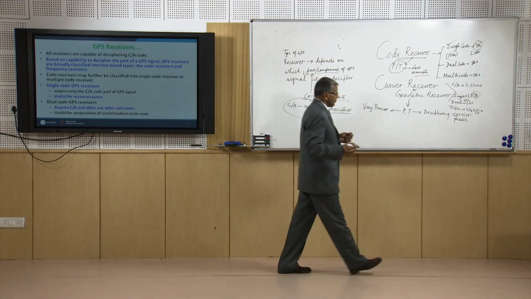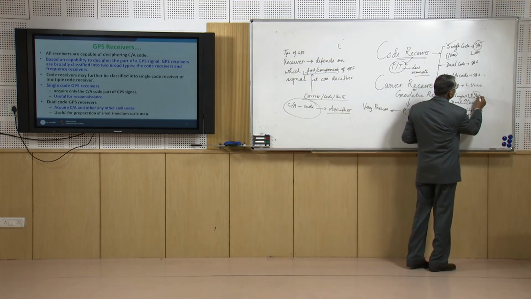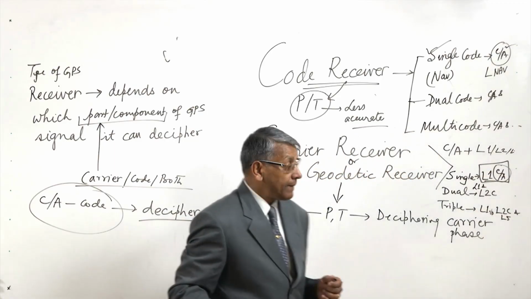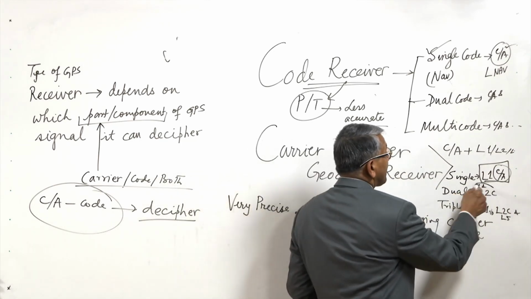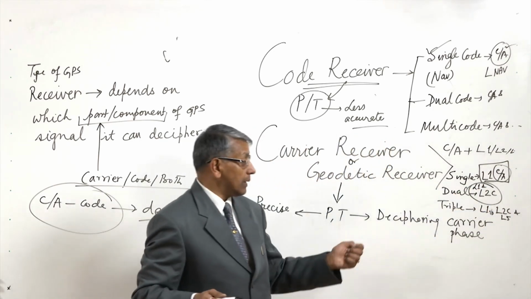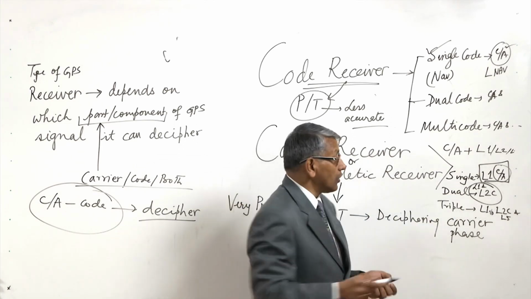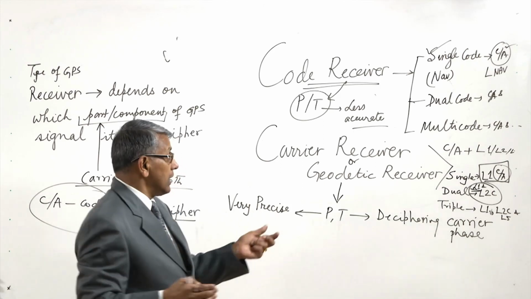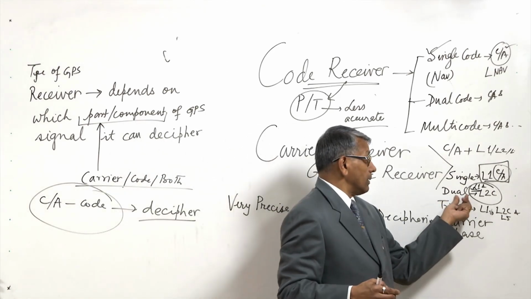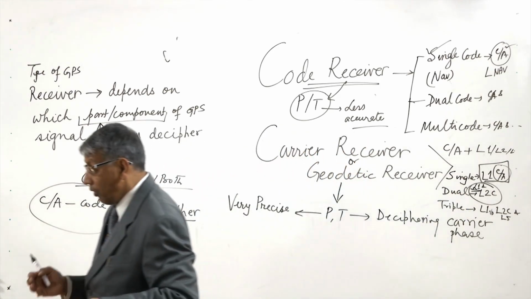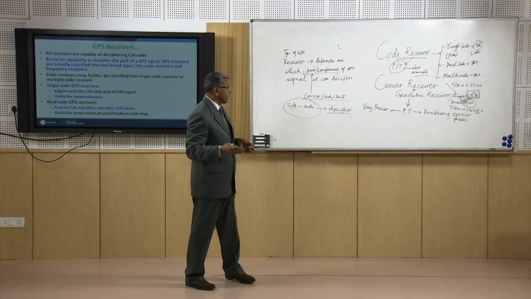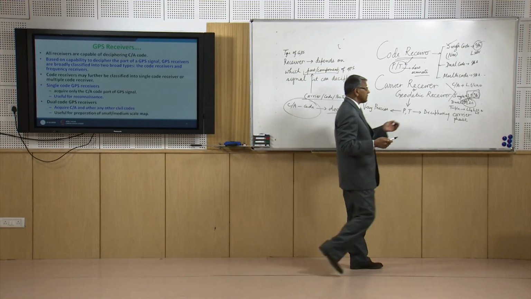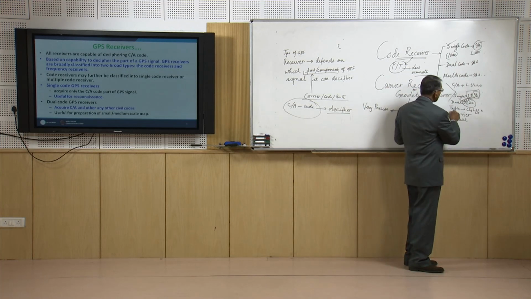Now as I told you, L1 frequency is good for positioning, but if we have both L1 and L2C, that means dual frequency, it will not only give a good position, this type of receiver will also be useful to work under canopy, and many other errors can be minimized by using dual frequency.